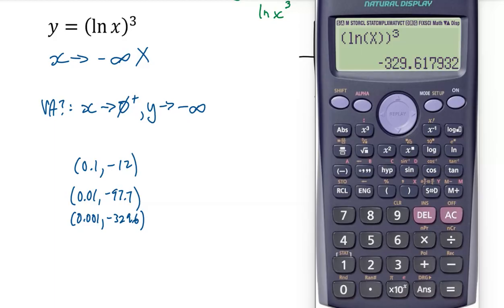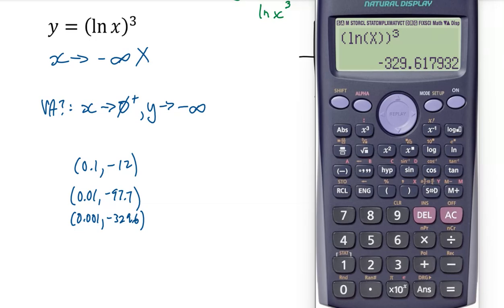If you're checking on your calculator and you're wondering, that's not convincing. I remember one of the questions in the activity, somebody punched in a number like this and they got like 8. That doesn't look like it's going to positive infinity or negative infinity, does it? Like 8 or negative 8? Sure doesn't. But that is normal.